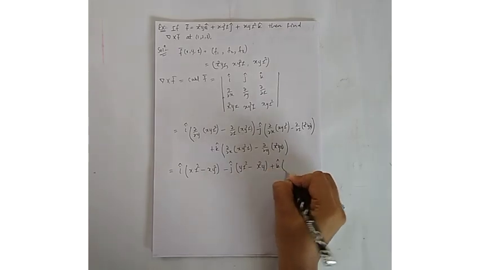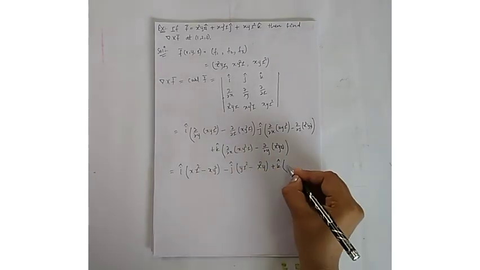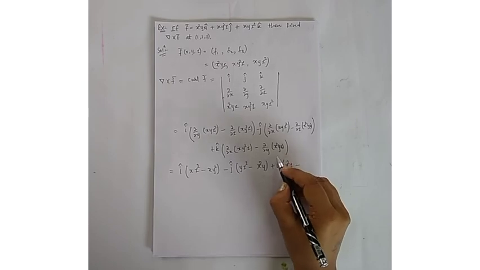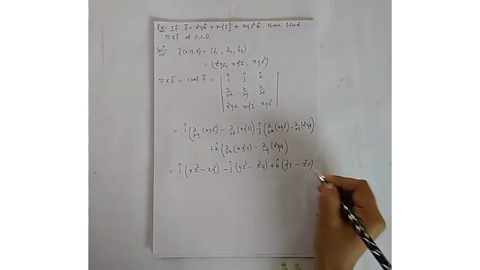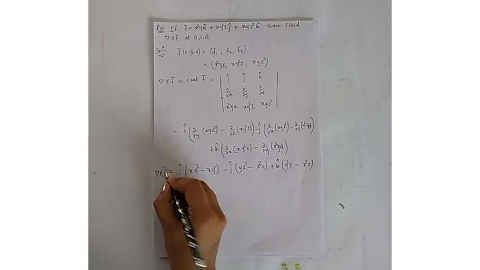Plus k times: the partial derivative of this function with respect to x is y²z, minus the partial derivative of this function with respect to y, that is x²z. So this is the value of curl f̄.